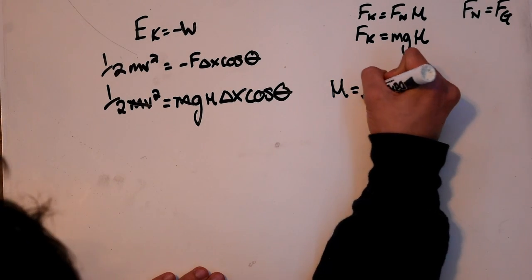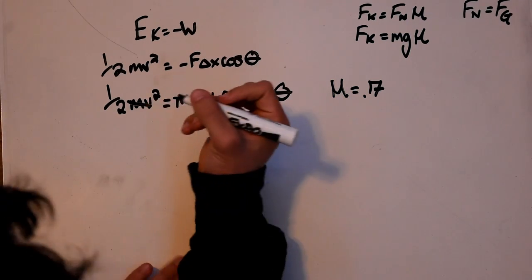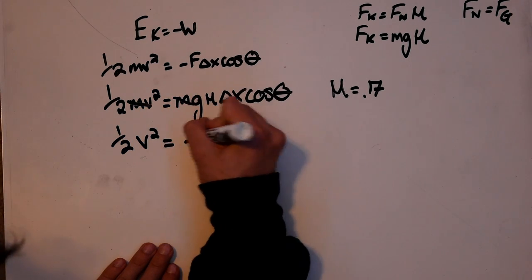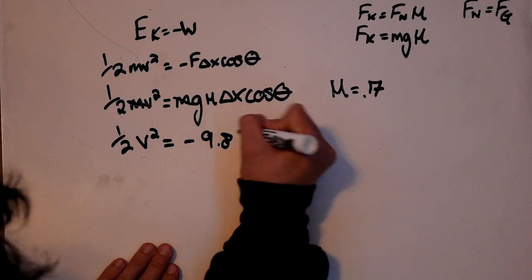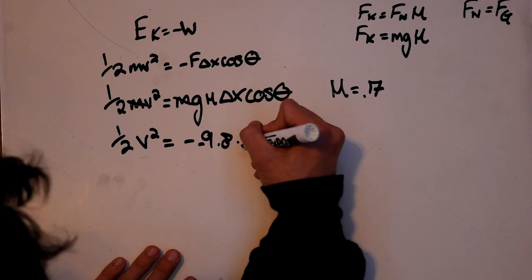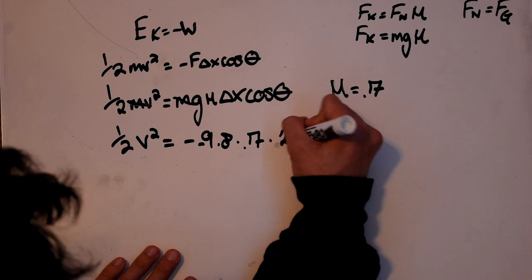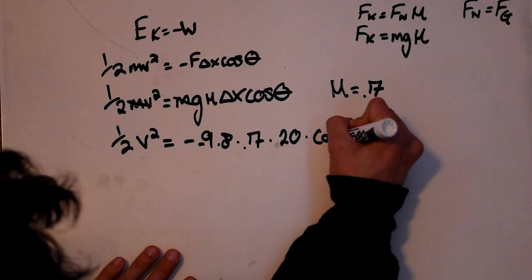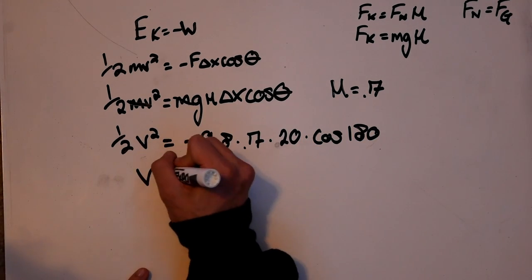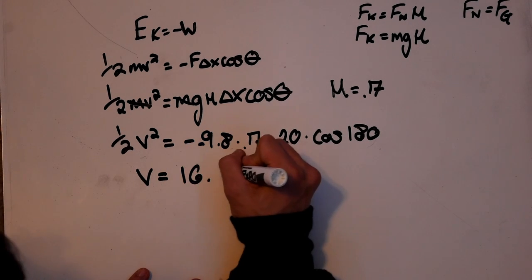Now that most of the variables are known, we can solve for velocity. Plugging in the data, we have negative 9.8 meters per second squared times 0.7 times 20 meters times cosine of 180 equals 1/2 times velocity squared. Using algebra to solve for velocity, we get 16.57 meters per second.